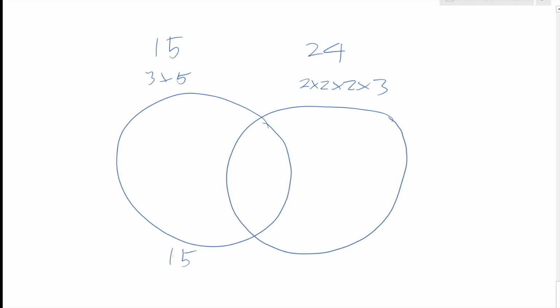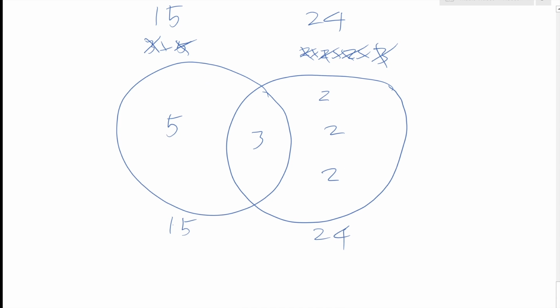So this side is all of the factors of 15, and this side is all of the factors of 24. And what we do is we start by filling in the overlap, the middle. So, both numbers have a prime factor 3. So we write the 3 in there, and then we can cross it off our lists. And that's all they have in common. So on the left-hand side here, we can put in our 5, and on the right-hand side, we can put in our three 2s.